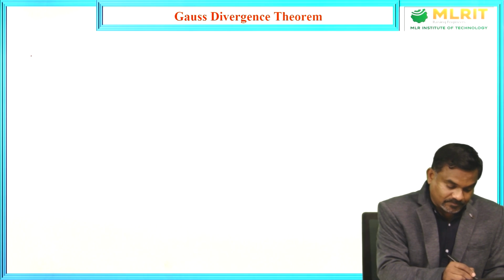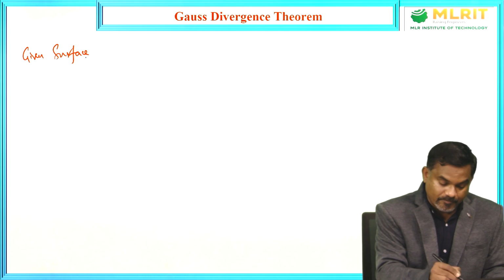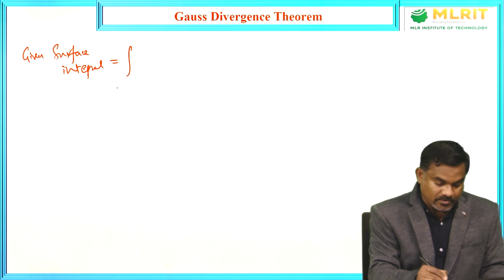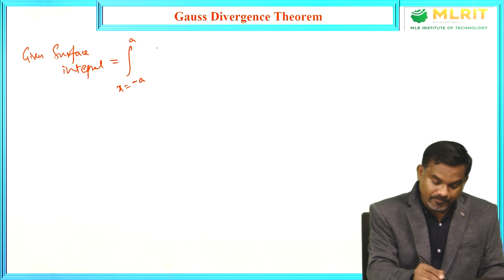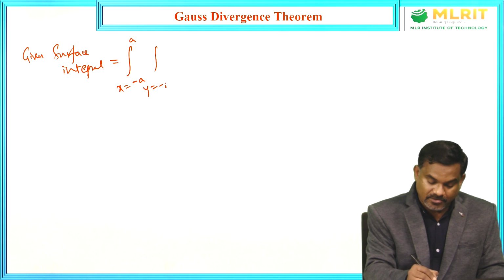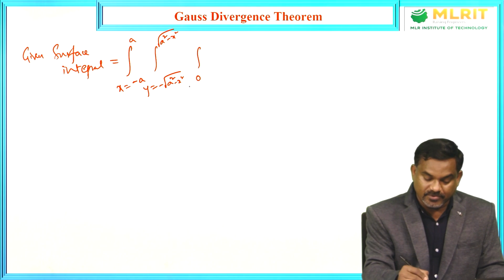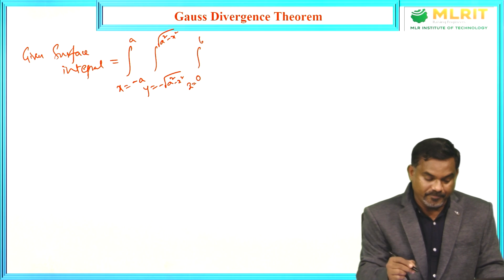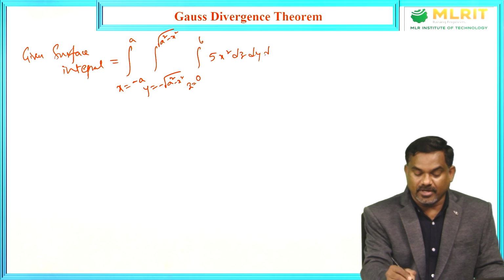Hence the given surface integral is equal to the integral with x from minus a to plus a, then y from minus root a square minus x square to plus root a square minus x square, then z from 0 to b, of 5x square, first with respect to z, then y, then x.